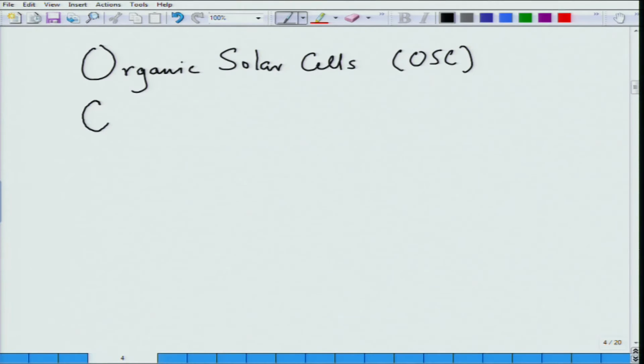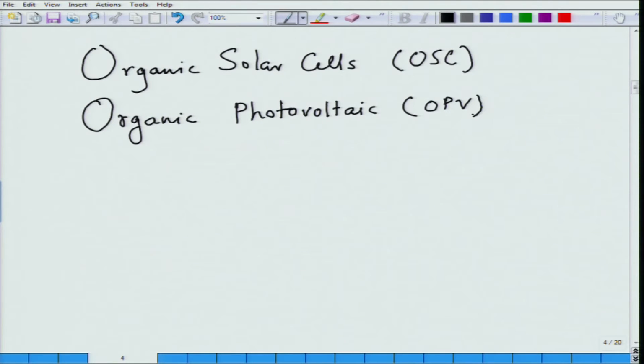Some people also write for the same device organic photovoltaic and use the acronym OPV, but basically the device is a diode which works like an organic cell.